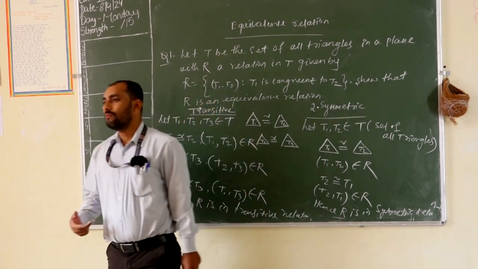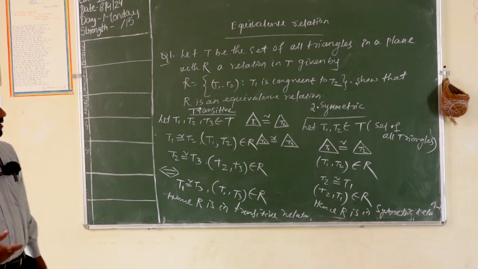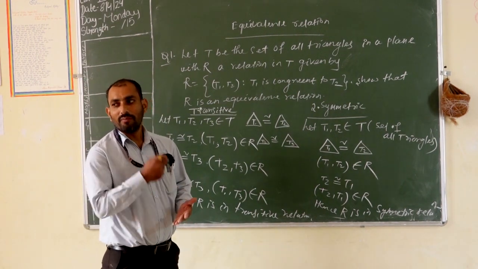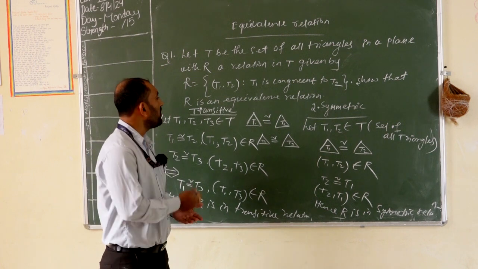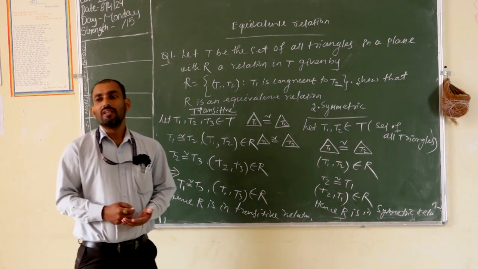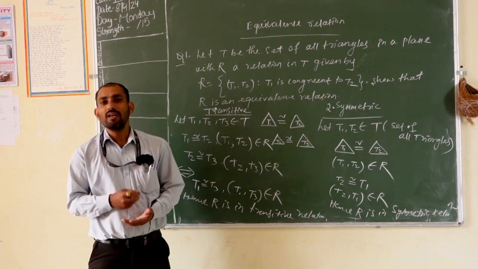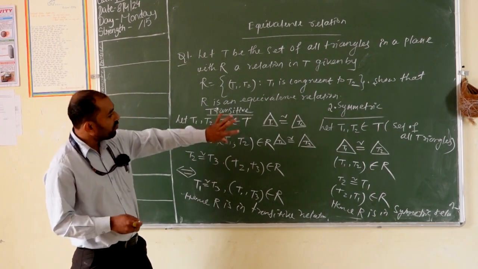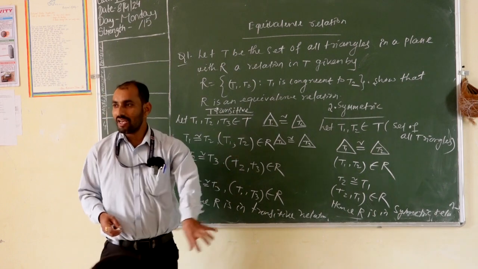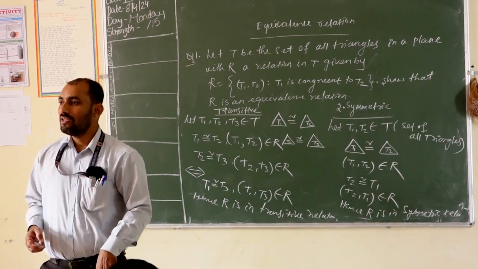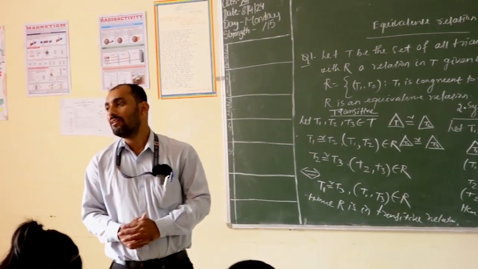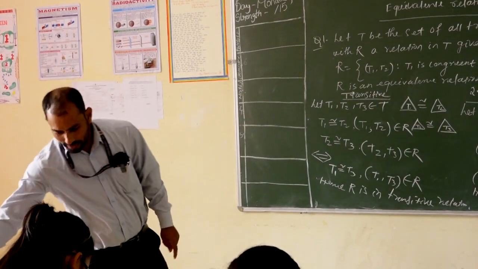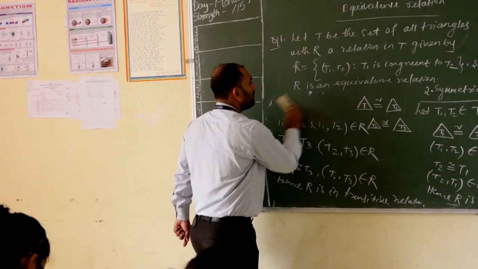Then if a relation satisfies all three, that means reflexive, symmetric and transitive, then the relation is said to be an equivalence relation. अगर इसमें कोई भी एक रिलेशन सेटिस्फाइड नहीं करेगा तो दैट मीन्स रिलेशन R is not an equivalence relation. क्लियर? अब देखो लिखना क्या है, राइट डाउन.